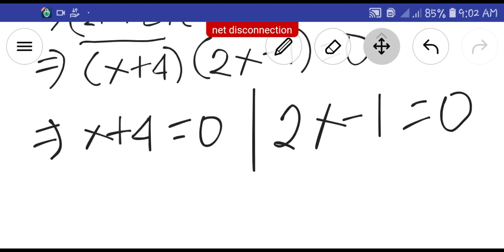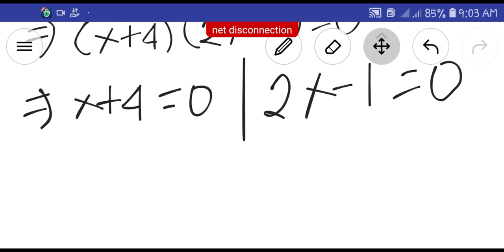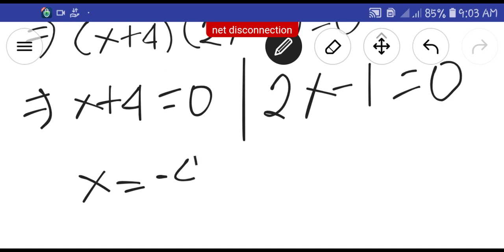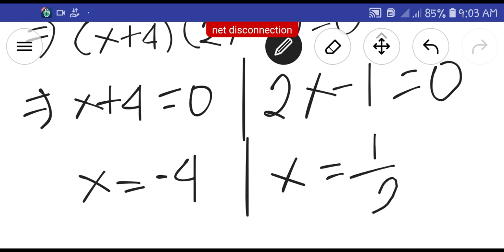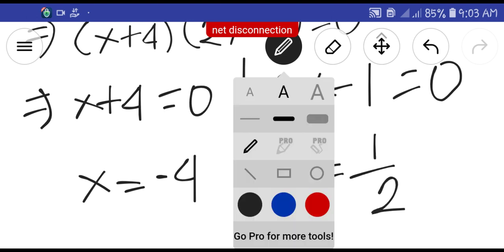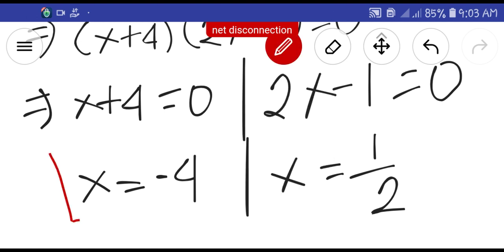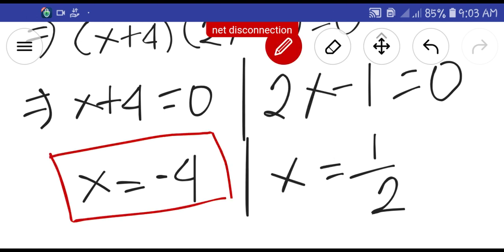And in this case, the value of x for this one is negative 4. And here the value of x is 1/2 by transposing the constant term to the other side. So these will be the other roots of your cubic equation.